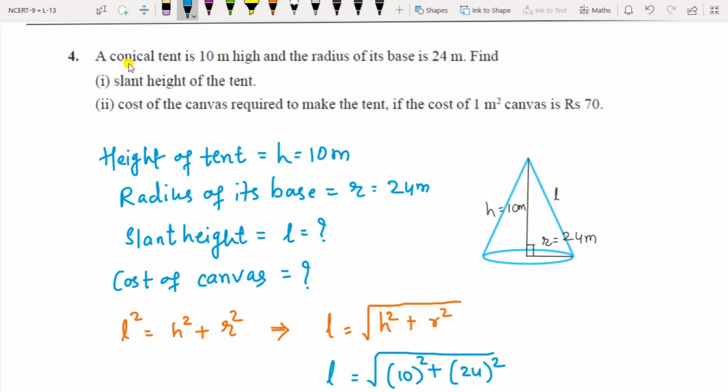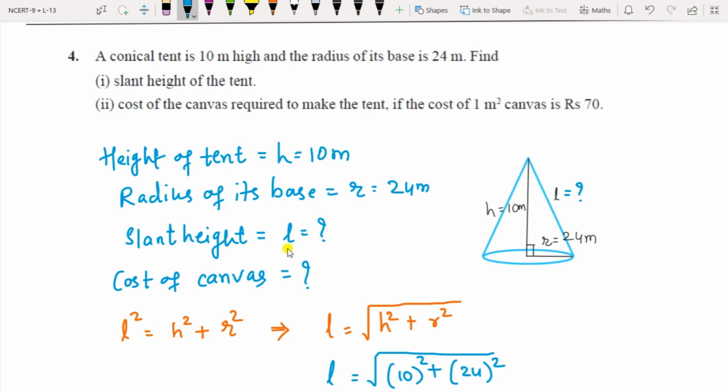Fourth question: a conical tent. Its height is 10 meter and the radius of its base is 24 meter. You have to find the slant height and the cost of the canvas required to make the tent. The tent does not have a base, so it is only the curved surface area.